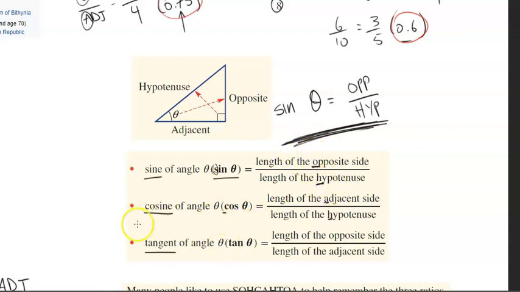Again, we'll look into what cosine actually means. And the tangent is the opposite over the adjacent. Okay, so tan is opposite over the adjacent. So there are three different formulas that you can use when trying to solve for a side length.